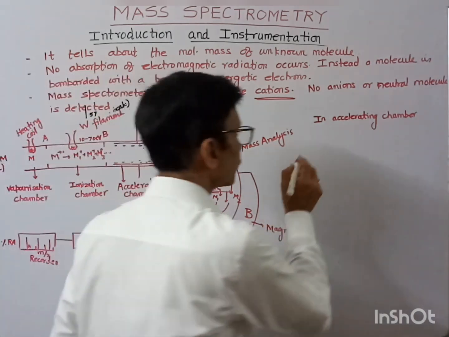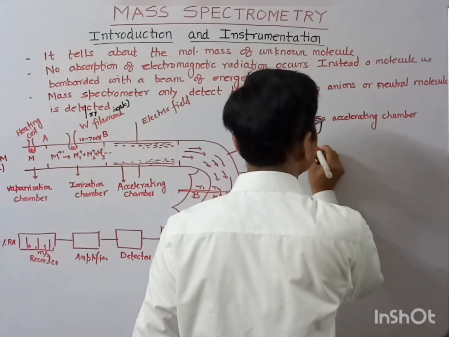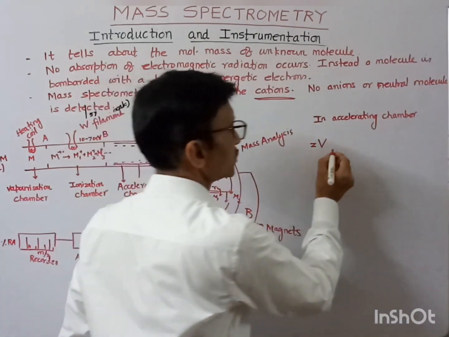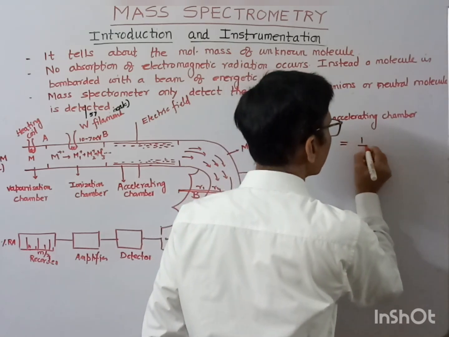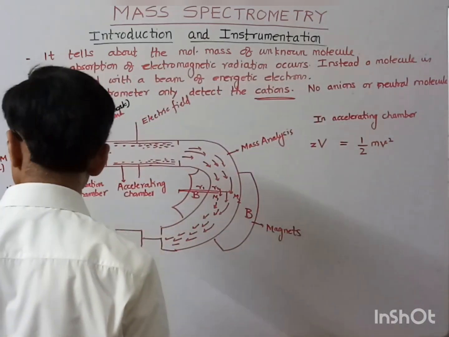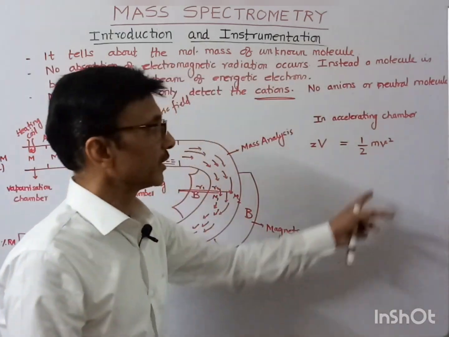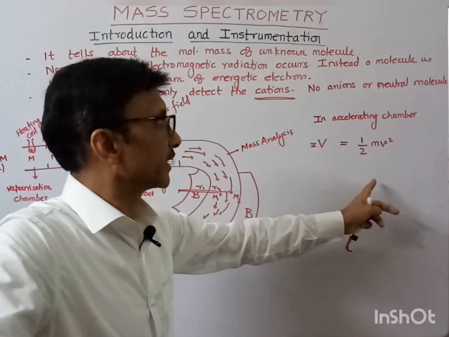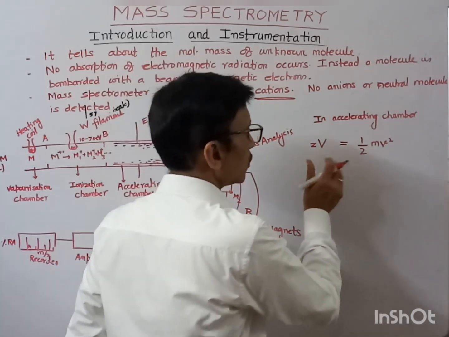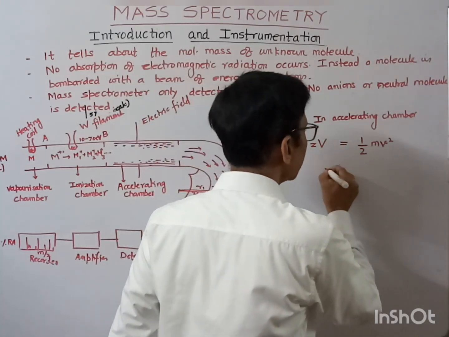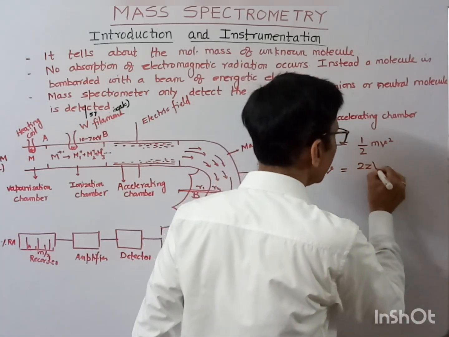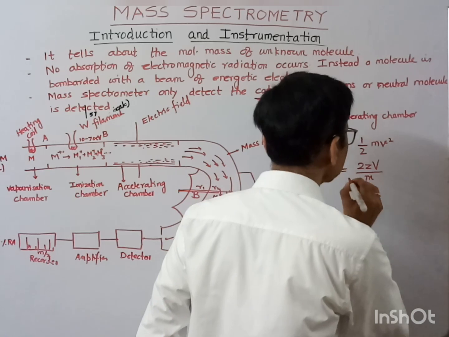The potential energy is ZV, where V is the voltage, and this is equal to the kinetic energy, half mv square. From here we may determine v square. v square is equal to 2ZV upon M. This is one of the relations.